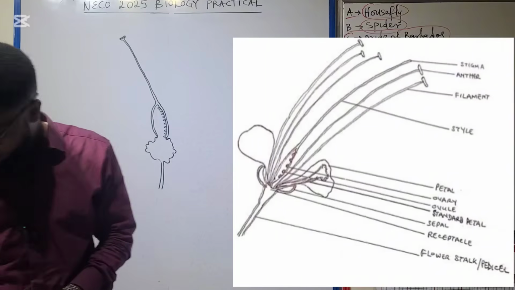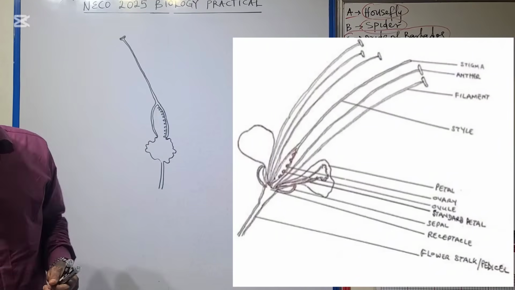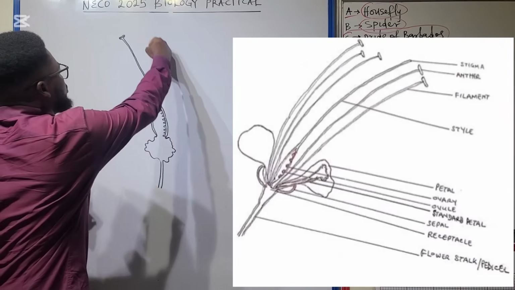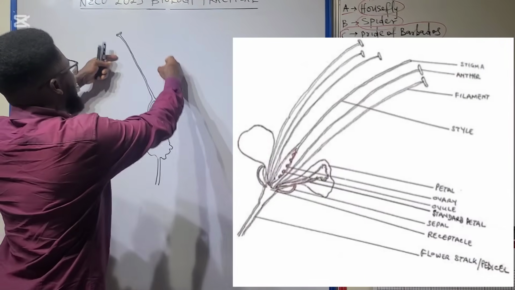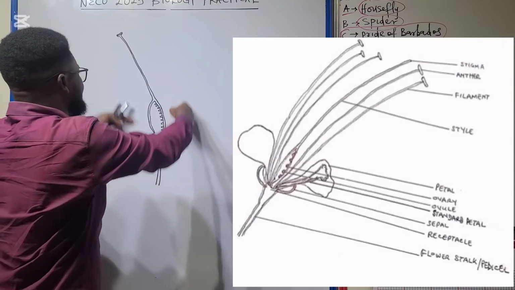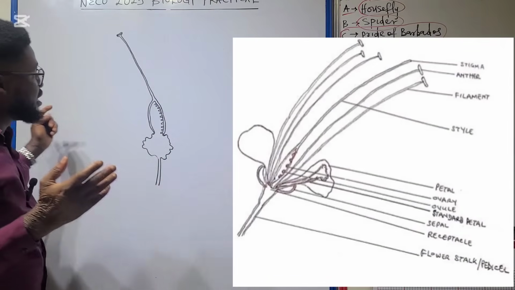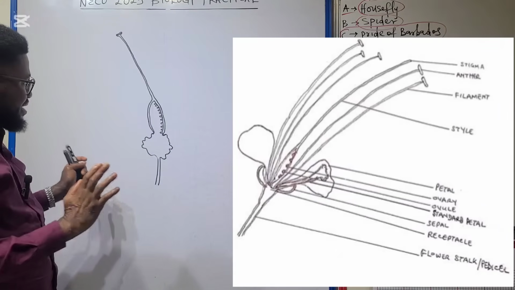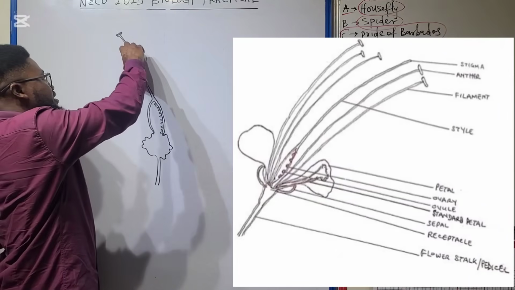And look at the question again. Remove all the stamens. All the stamens means all the long tubes, the filaments that carry the anthers containing the pollen grain. In this case, the diagram shows we've removed all the stamens. This is going to be the style.